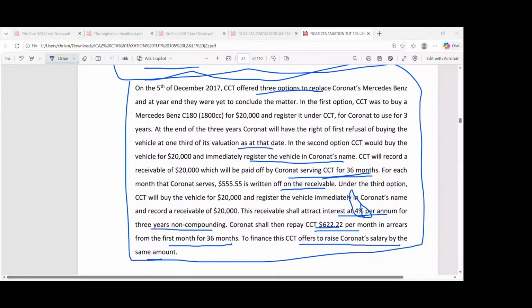This is capital in nature, therefore it's not deductible. But the salary increment is a staff cost to CCT, so it's an allowable deduction. But because I've loaned someone, there is a finance income from Colonat, which is gross income in the hands of CCT. Then after you have done the calculations, you're building your thought process and the calculations, you should now give the conclusion on which one is the most tax efficient way.